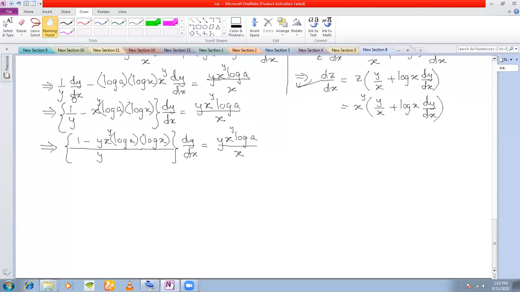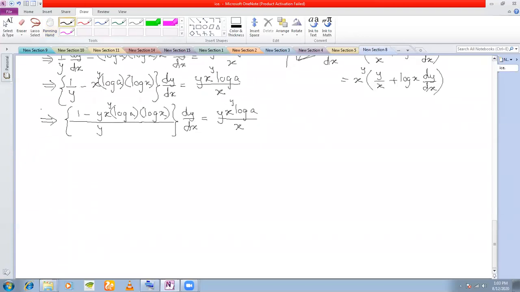Okay, so in the next step we will have dy/dx is equal to y square x to the power of y log A divided by x into 1 minus y x to the power of y log A into log x.